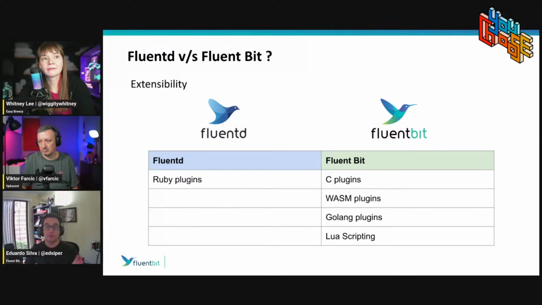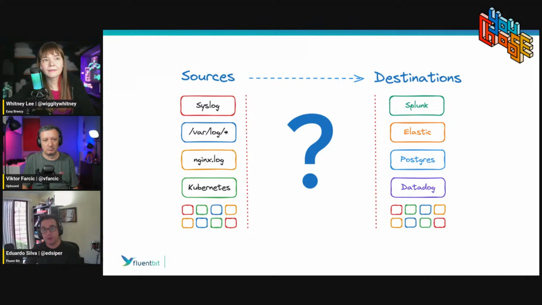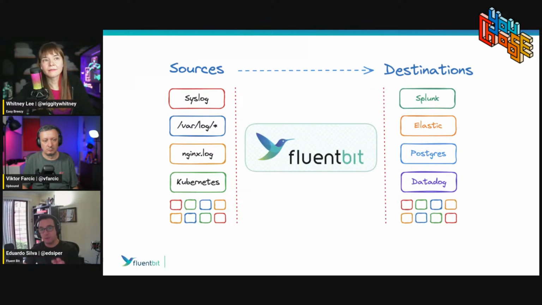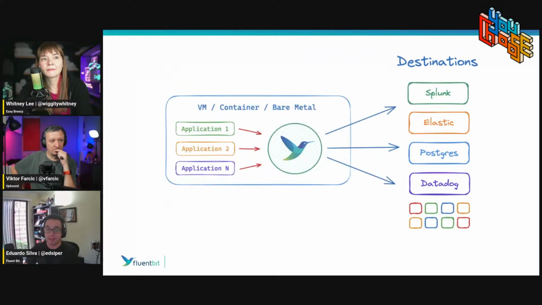And also in terms of extensibility, it allows you to extend the behavior with connector sources and processors written in C, Wasm, Golang, or Lua, any of those languages. And when you think about connecting data from source to destinations, this is the gap that Fluent Bit solves in general. It can deal with different types of sources, different formats, and different formats expected by destinations.